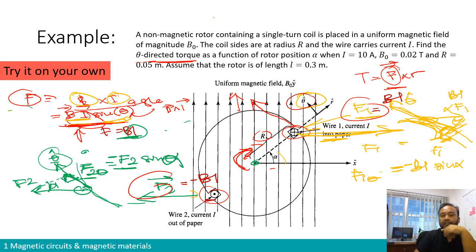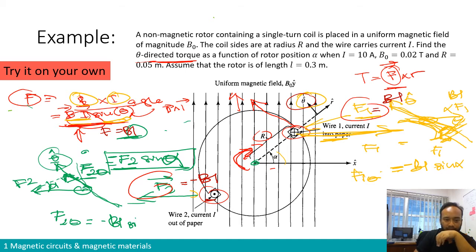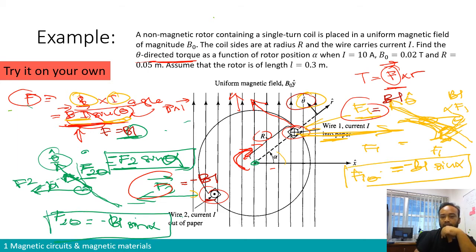So now we have this force equal to minus F2 sine alpha. I rewrite again, F2 theta equals minus BI sine alpha. Okay, so we have the two forces now, F1 theta and F2 theta.